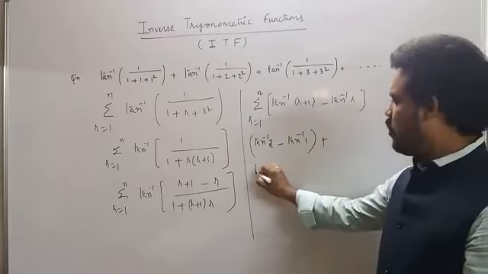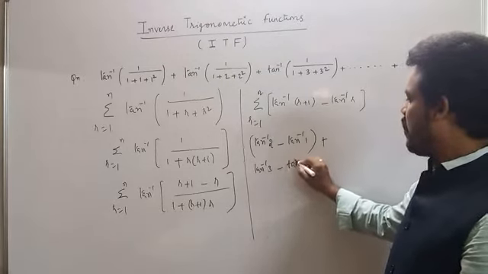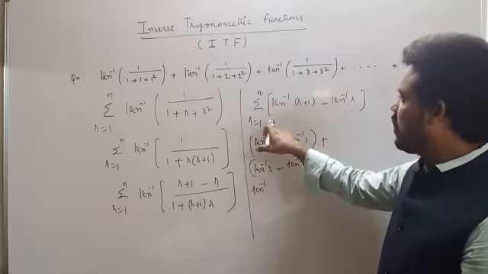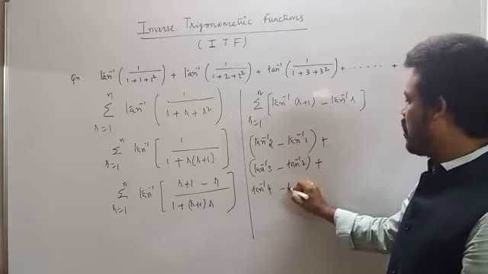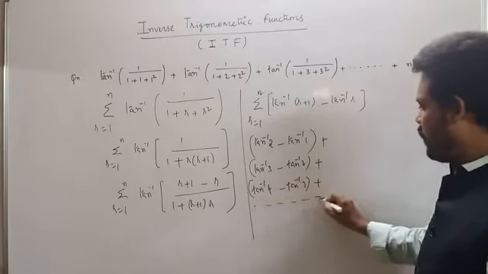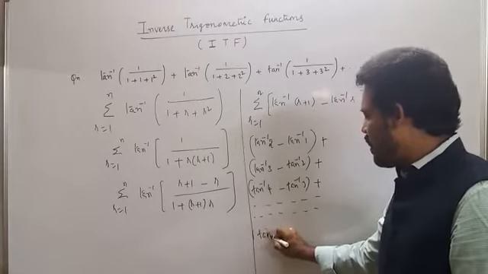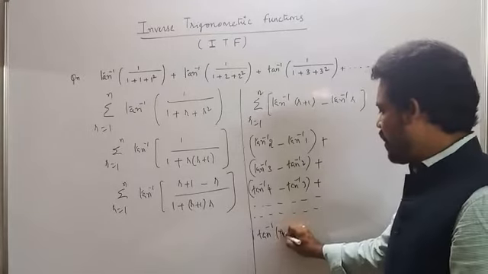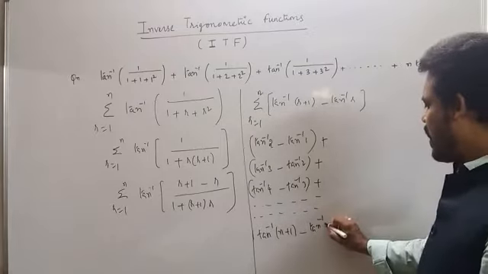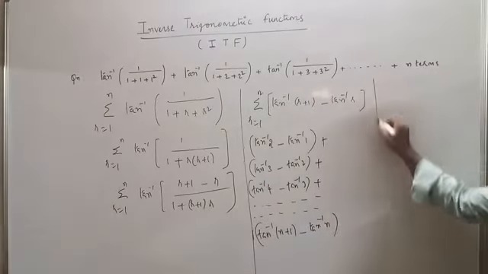If you keep r equal to 2, tan inverse 3 minus tan inverse 2, plus, if you keep r equal to 3, we get tan inverse 4 minus tan inverse 3, and so on. Last, if you keep r equal to n, what do we get? Tan inverse of n plus 1 minus tan inverse of n. This is the last bracket.